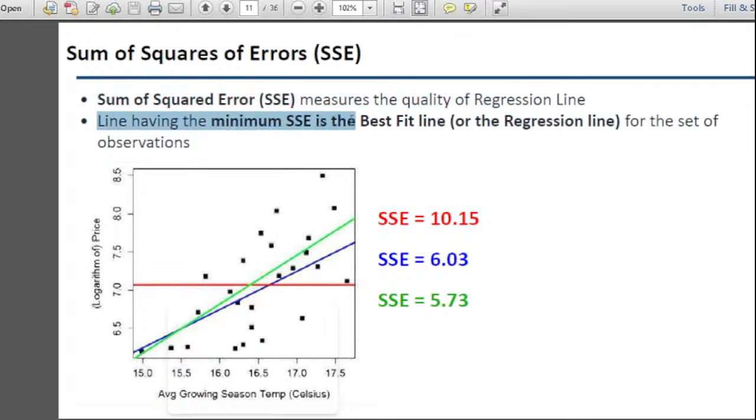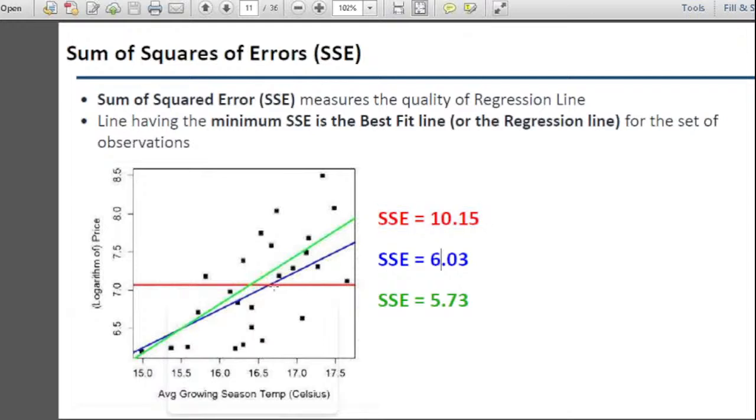The line having the minimum SSE is the best fit line for a set of observations, right? So minimizing means the minimum the error, the minimum the SSE, better will be the line. So for this red line, which is my baseline, SSE is 10.15.